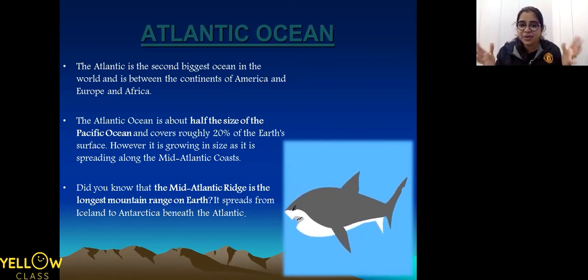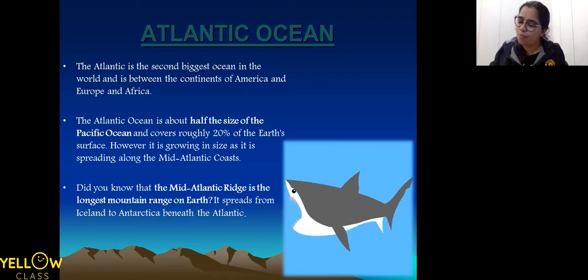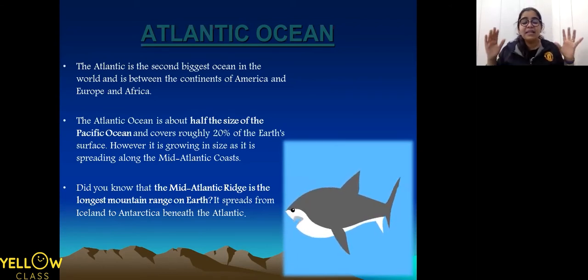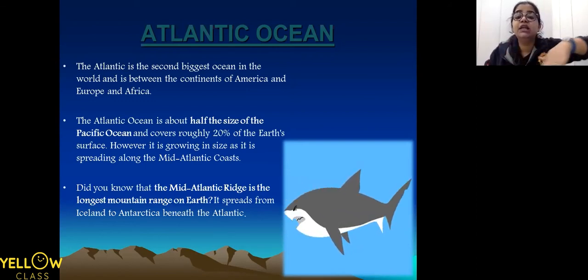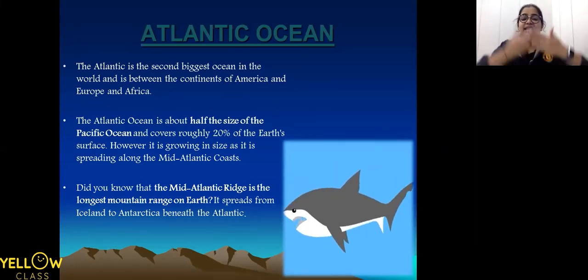Can you imagine? And you'll be like, ma'am, what? Yes, the Mid-Atlantic Ridge is the longest mountain range on Earth. It spreads from Iceland to Antarctica beneath the Atlantic.